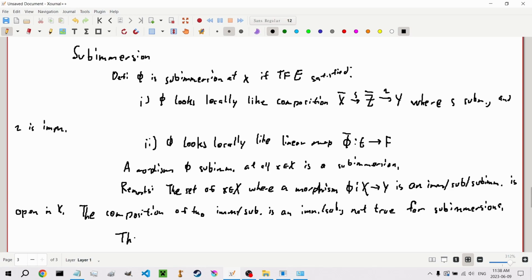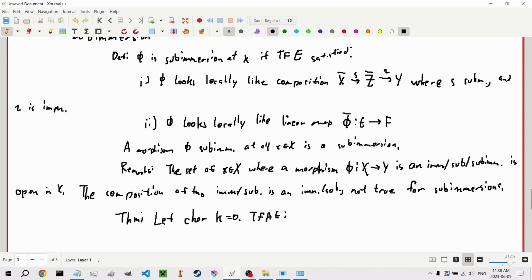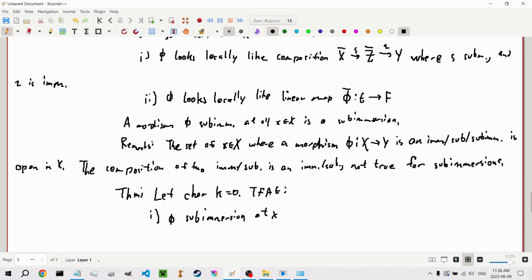And that brings us to a theorem. We're going to work in character 0 here, and the following are equivalent. First off, phi is a submersion at x.